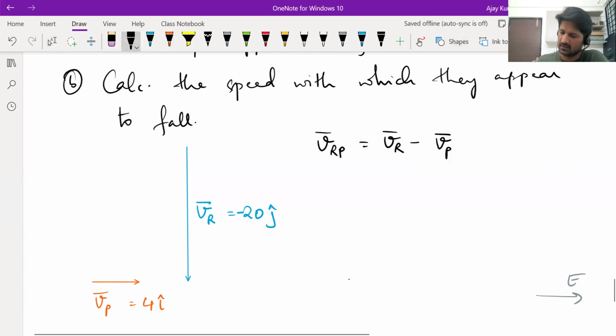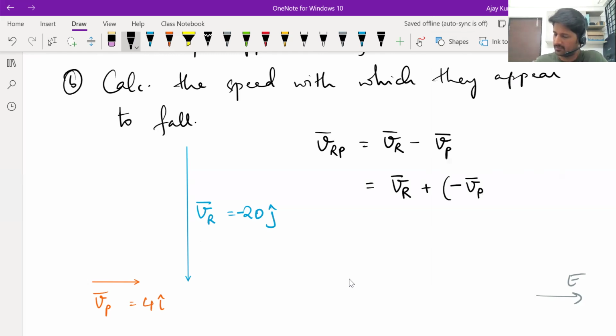Now why am I taking negative every time? Simple. VR minus VP becomes VR plus negative of VP. Subtracting two vectors means adding the first vector to the negative of the second vector.